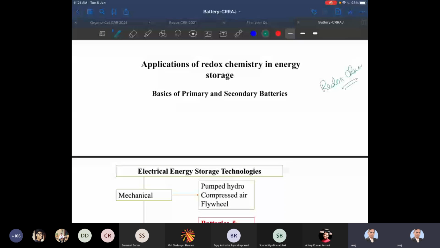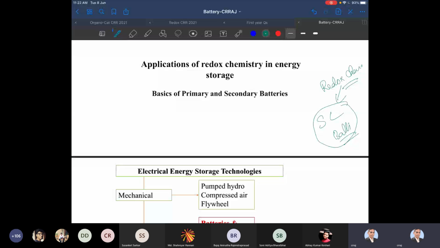When I started the redox chemistry, I mentioned where all redox reactions occur. I said that in biology, there are multiple redox electron transfers, and in industry, that includes the extraction of elements, and also the supercapacitor and battery. There it comes. So the fundamental is basically a redox reaction.